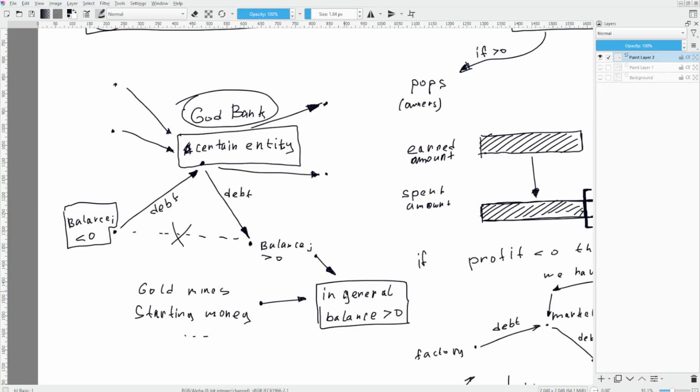So factories can get indebted really badly, but it's not something weird. You should understand that it just means that these factories have a debt. It's not the game breaking down.